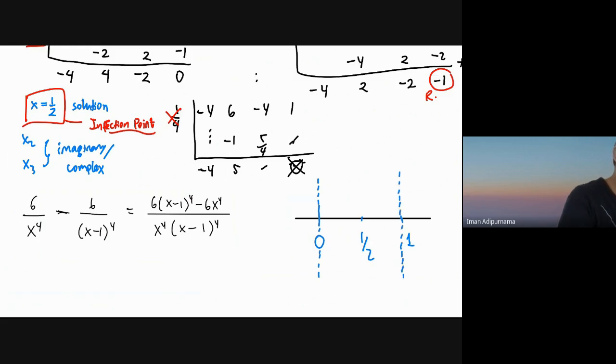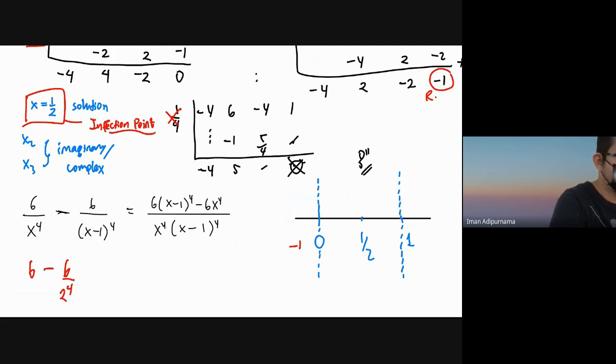Now we check the second derivative, the g double prime. If you check from the negative, let's say -1, you check -1. It should be 6 minus 6 over 2 with power of 4.